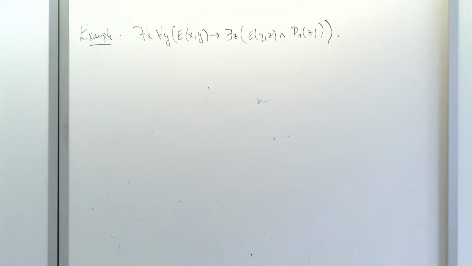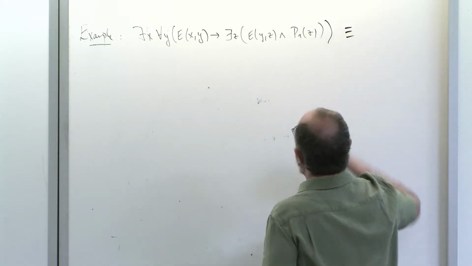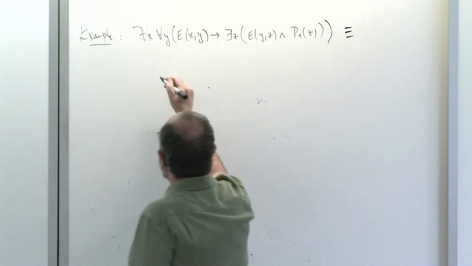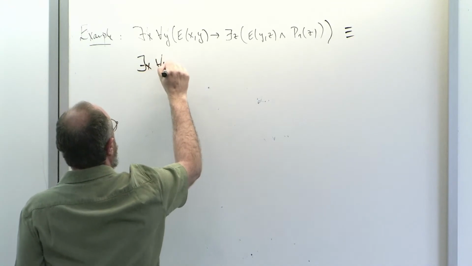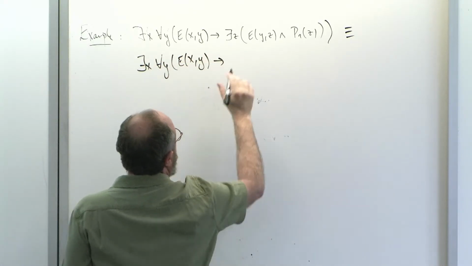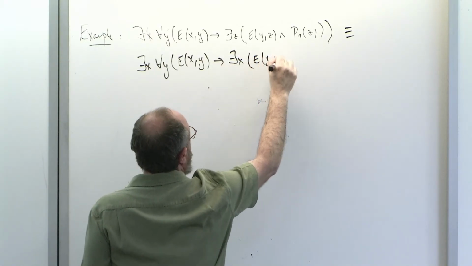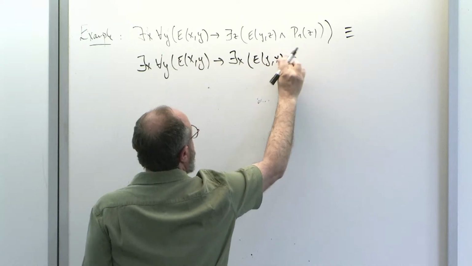But we can rewrite this formula with fewer variables. This formula is actually equivalent to this one, no? And this is one of the interesting things in first-order logic, that you can reuse the variables, right?